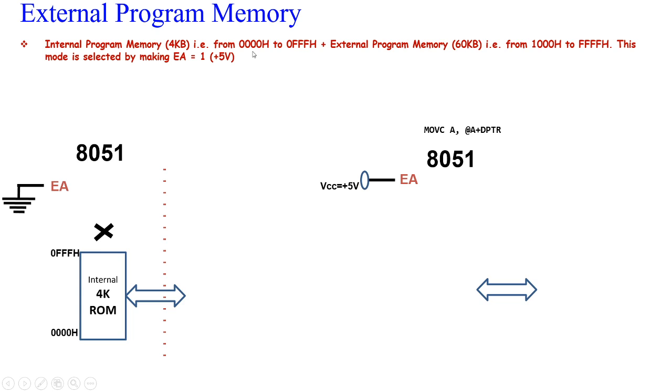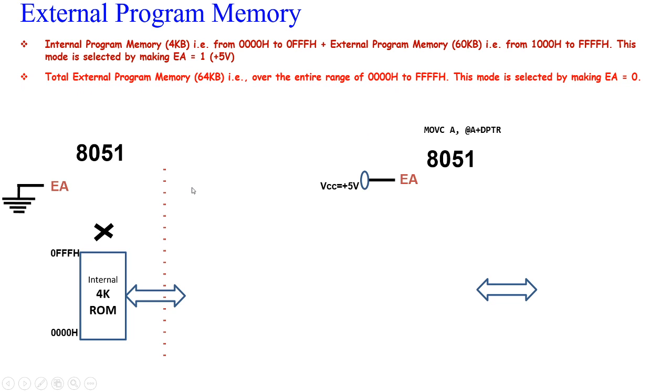So total memory becomes 64K bytes. External memory will be selected when the pin, as we explained in the first video lecture, external access EA is equal to 1. Now see the details of that.